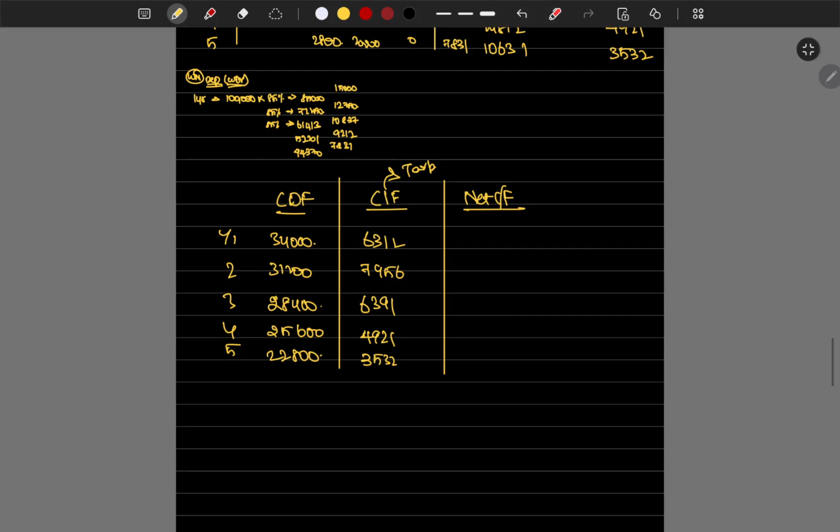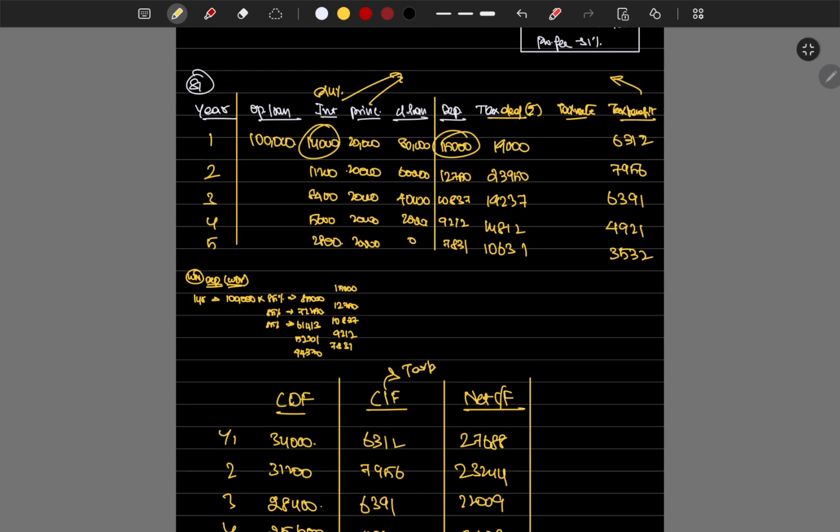Net cash flow is 34,000 minus 6,312, 27,688; 31,200 minus 7,956, which is 23,244; 28,400 minus 6,391, which is 22,009; 25,600 minus 4,921, which is 20,679; 22,800 minus 3,532, which is 19,268. Okay, yes, this is 29,000.